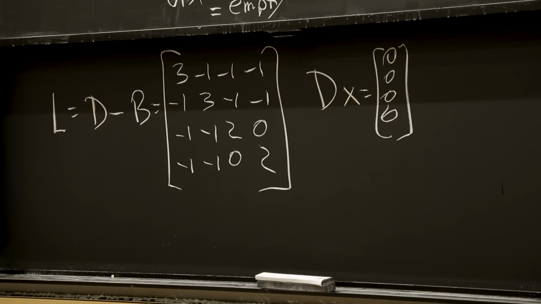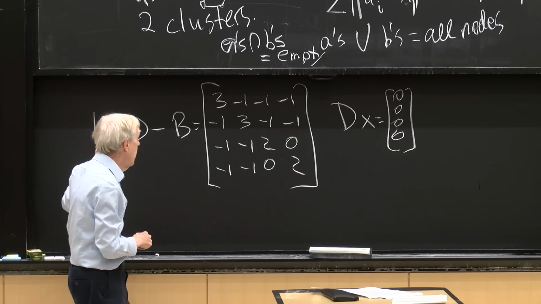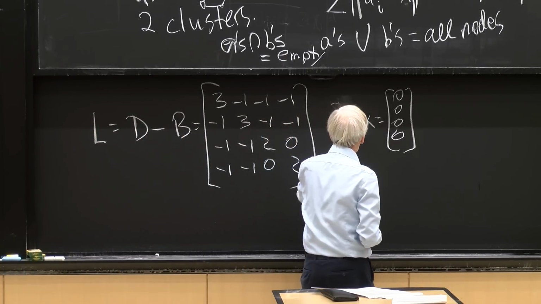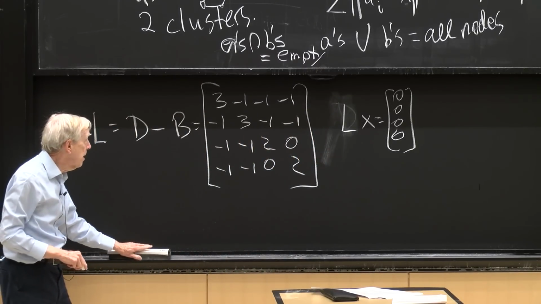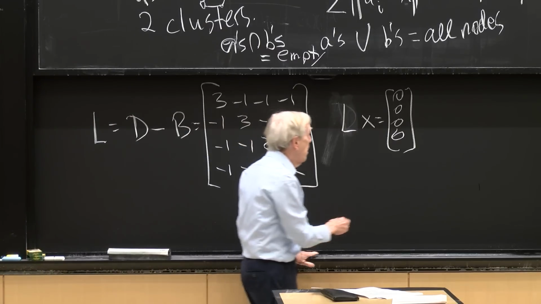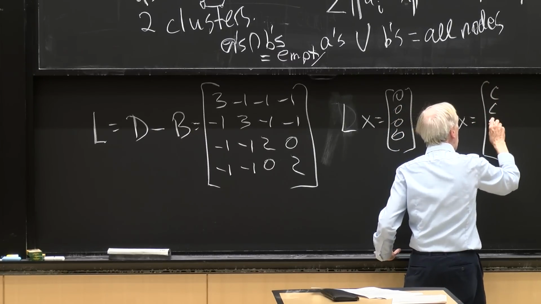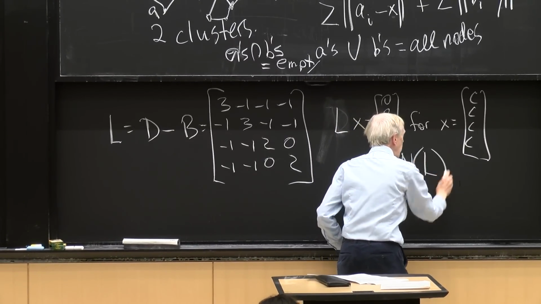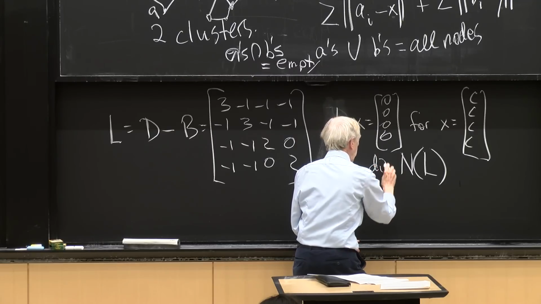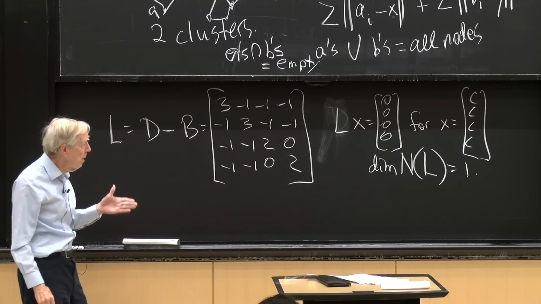Everybody sees that the vector of all 1s will be a solution to Lx equals 0. The null space of L has dimension 1. It's got one basis vector, 1, 1, 1, 1.